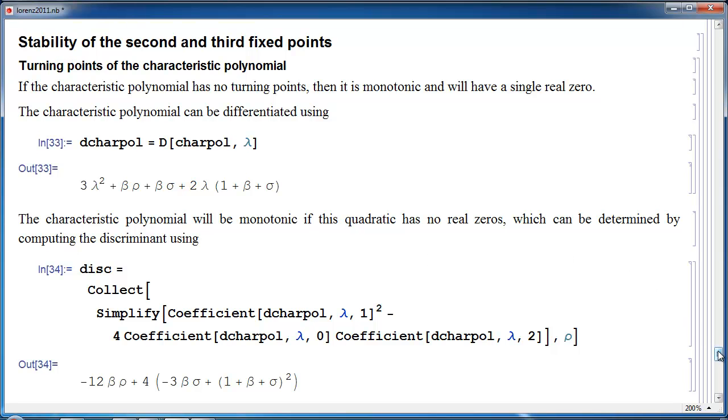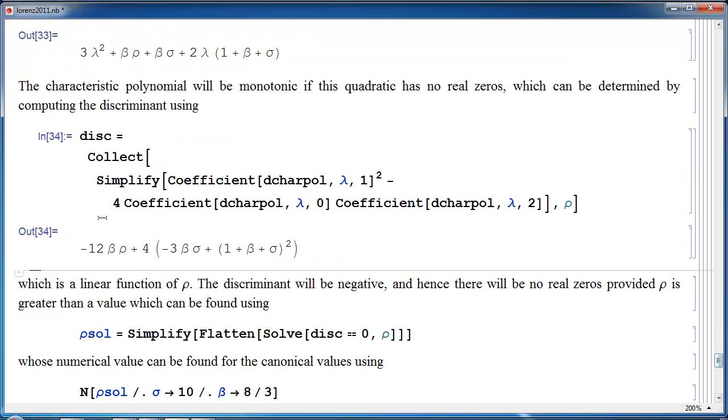There'll be no real solutions if this quantity is negative. We can see that this quantity is linear in rho, so it will become negative for a sufficiently large value of rho, and we can find that value using this.